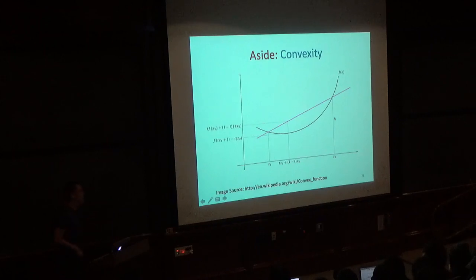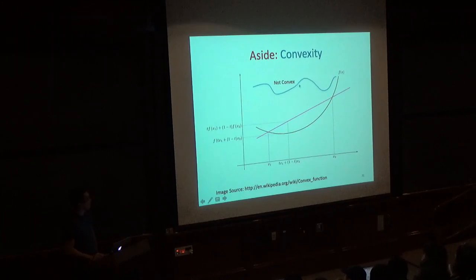There are a few other conditions that need to be met, but that's the high-level bit that's relevant. It also has to be over a convex set, but that's not really important for machine learning purposes. So this function, this blue line, is not convex. If I were to interpolate between 2 points, there are cases where the interpolation sits below the function. For a convex function, the interpolation always sits above the function.